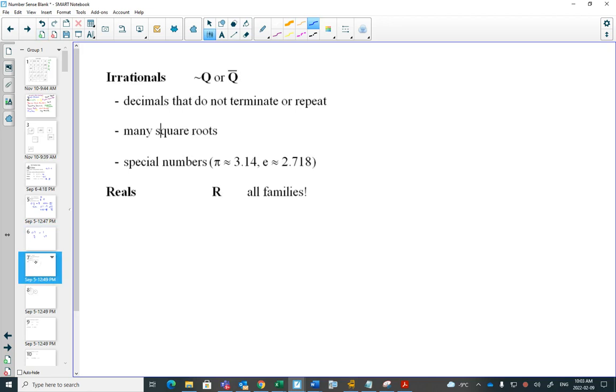Okay, next family is the irrational numbers, which is usually shown with the same symbol as rational numbers, a Q, with a bar over it. This one I tend to see more often, so that's probably the one I'm going to use.